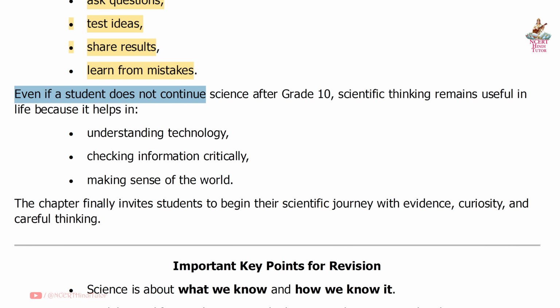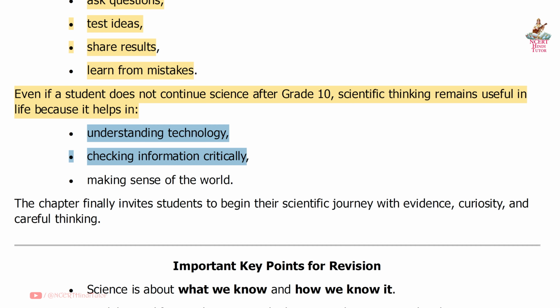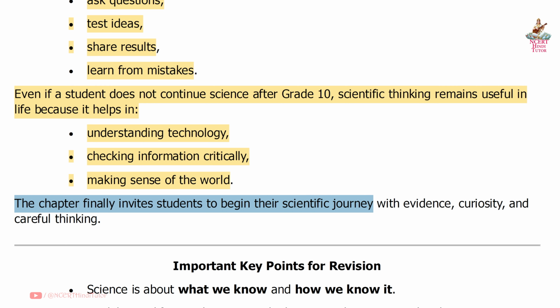Even if a student does not continue science after grade 10, scientific thinking remains useful in life because it helps in understanding technology, checking information critically, making sense of the world. The chapter finally invites students to begin their scientific journey with evidence, curiosity, and careful thinking.